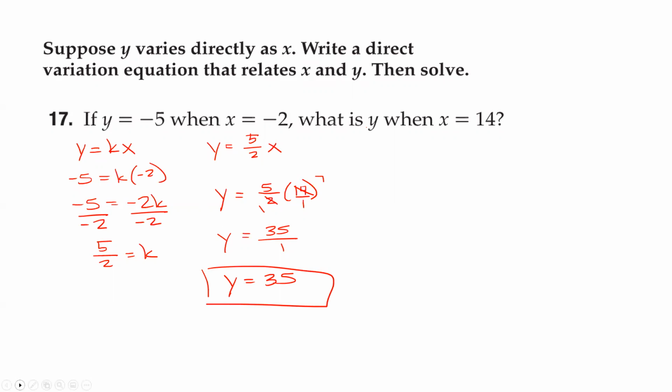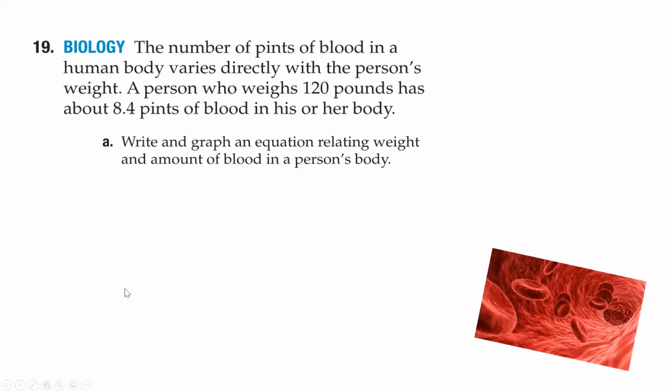Okay. Number 19, word problem, everyone's favorite. The number of pints of blood in a human body varies directly with the person's weight. A person who weighs 120 pounds has about 8.4 pints of blood in his or her body. Write and graph an equation relating weight and amount of blood in a person's body.